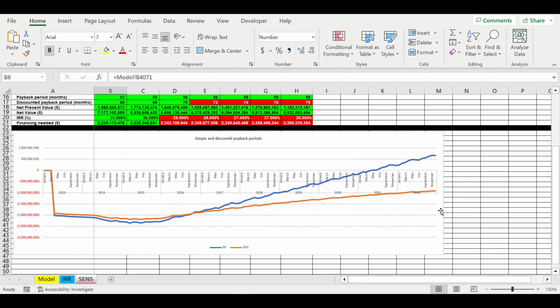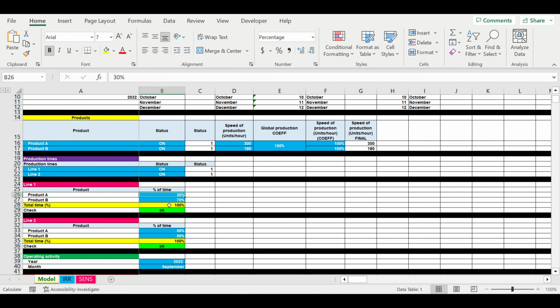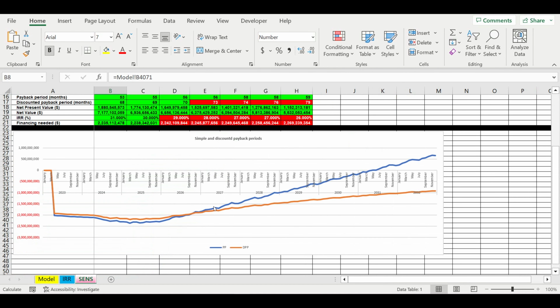So here you can see how, usually during this stage of a business idea, entrepreneurs play with data for a very long time. It takes them weeks to adjust all these coefficients. So for example, for line 1 and line 2, we can allocate the time. This is the basic scenario that we are looking at.